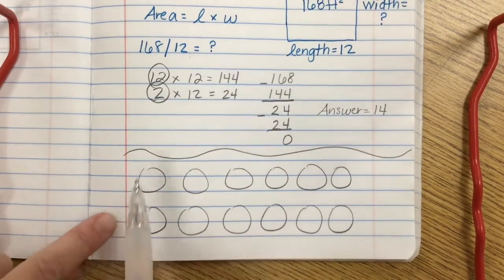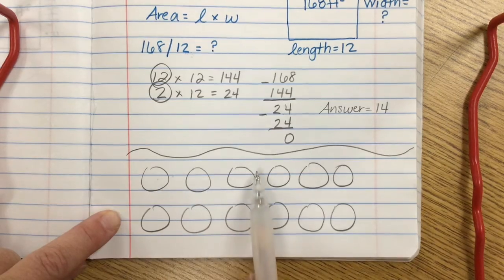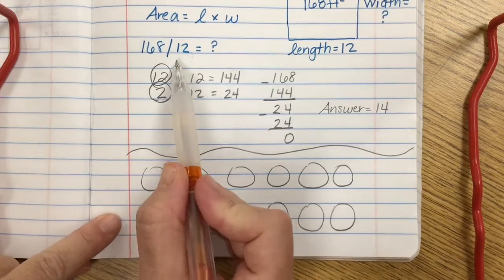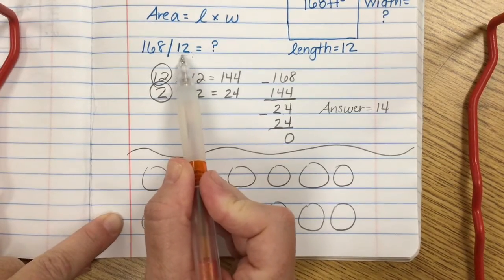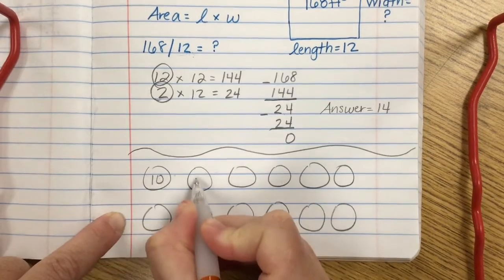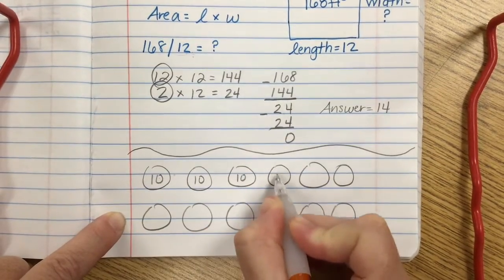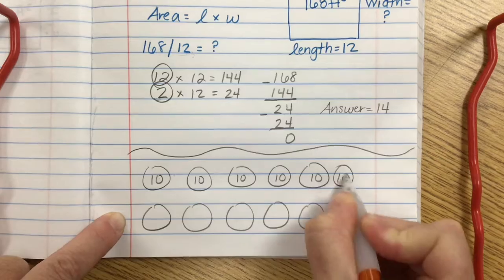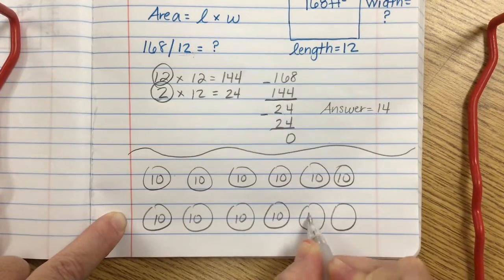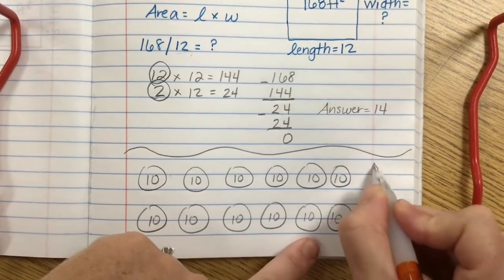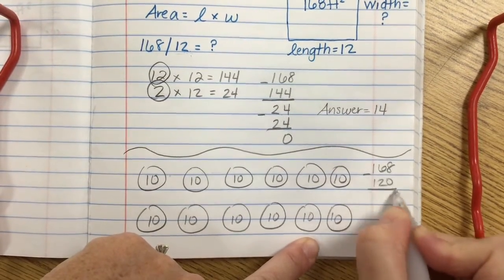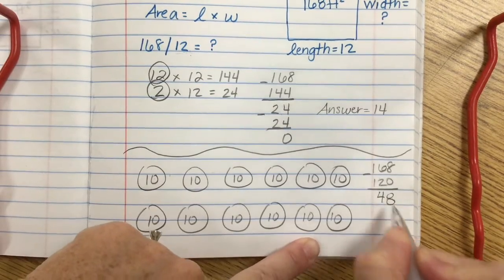So I know I don't want to count by ones to 168 because that's really going to take me forever. So I'm going to think about this, and I know that I can get 10. So if I put 10 in each right now, 20, 30, 40, 50. That's going to get me to 120. So 168 minus 120 leaves me with 48.